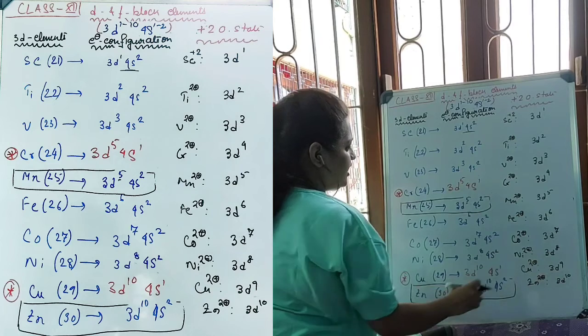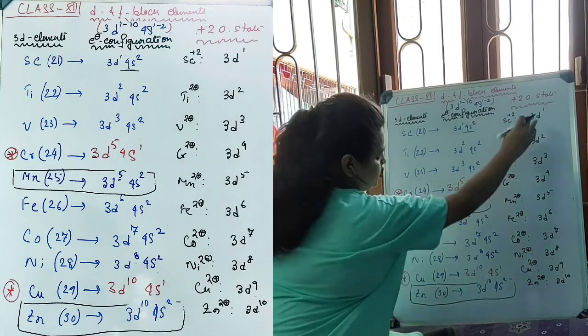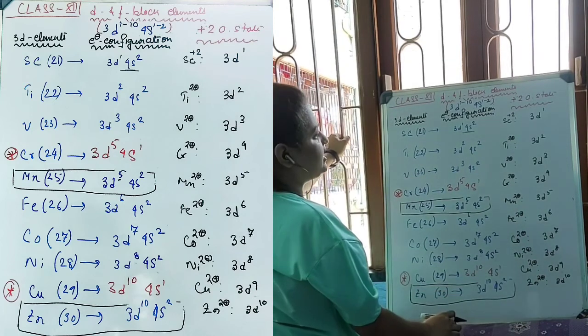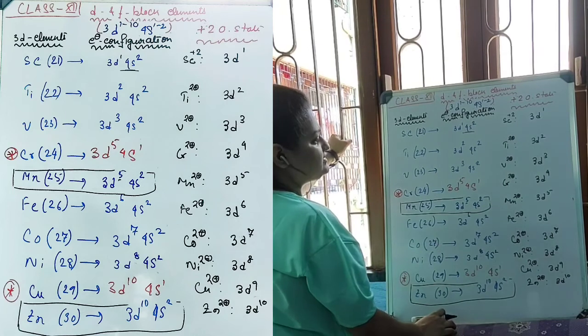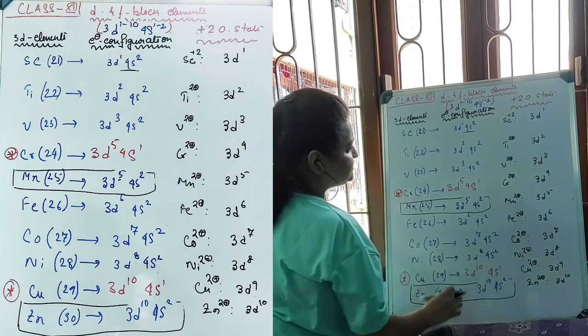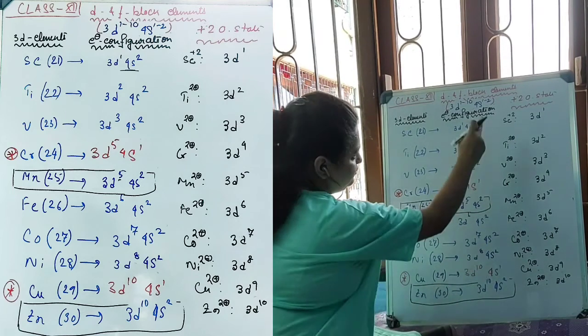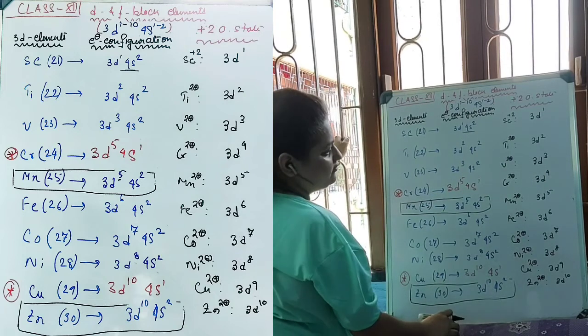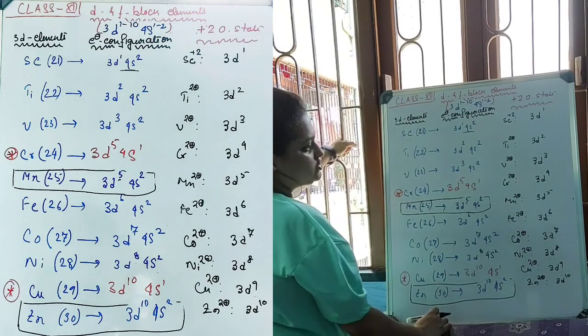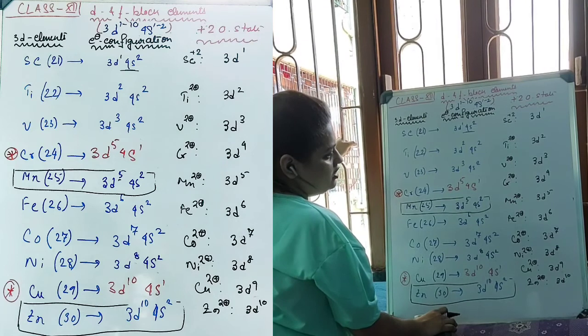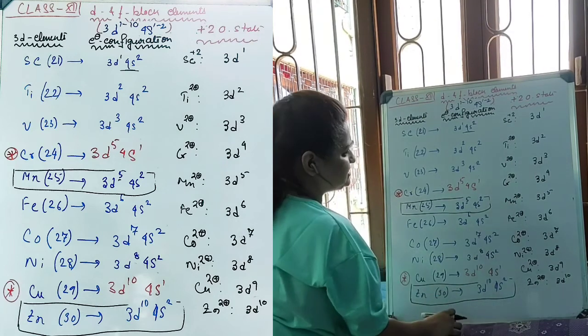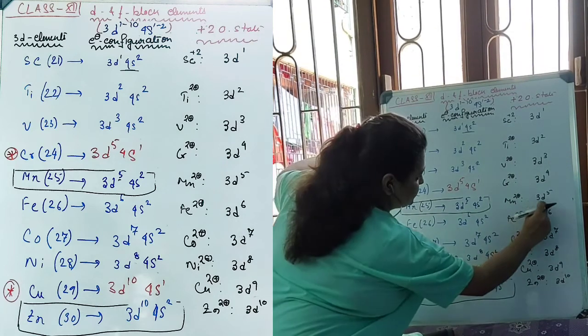These electronic configurations are similar in their respective positions in the series. Like manganese is the 5th element in this 3d transition series. Therefore, the electronic configuration for the +2 oxidation state is 3d5.